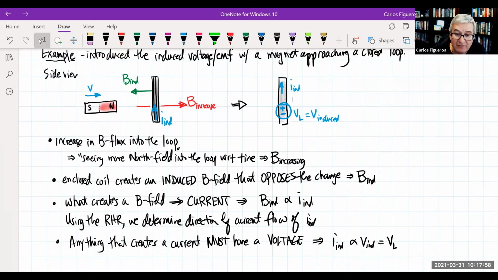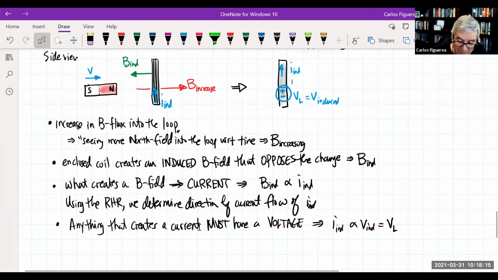So that's Faraday's law. Could I go into more detail? Yes, but I'm not going to. What I want to say is that we have a lot of similar properties here as before. I talked about three properties before.